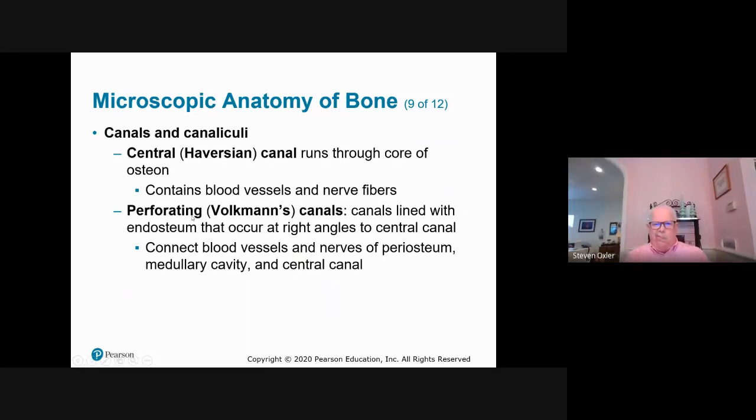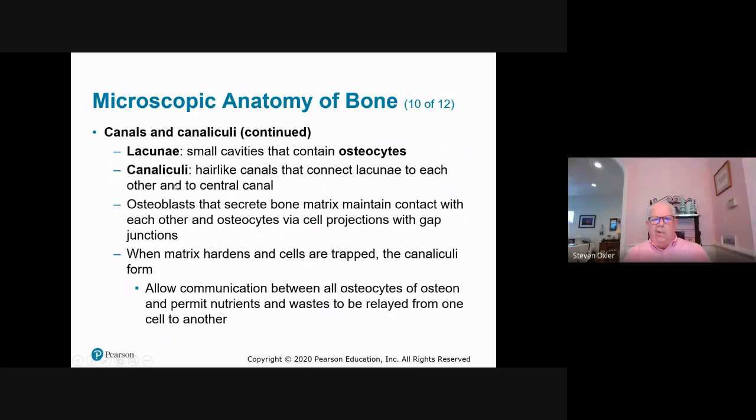You don't have to worry about perforating. That's not important. But you should remember that in the lacunae, which are the cavities, that's where the osteocytes live. And the osteocytes' function, as I said before, is to maintain bone. So that is very, very important.